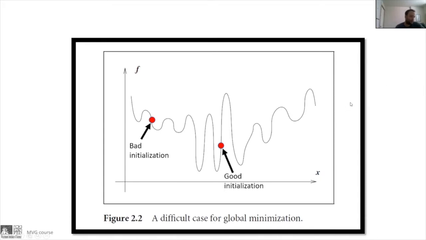In a non-convex problem, in general, we cannot guarantee convergence to the global minimum. So our final solution of the objective will be very dependent on the initialization. If our initialization is bad, like here, we'll get stuck in a bad local minimum, and if we have a good initialization, we will maybe converge to the global minimum of the problem.